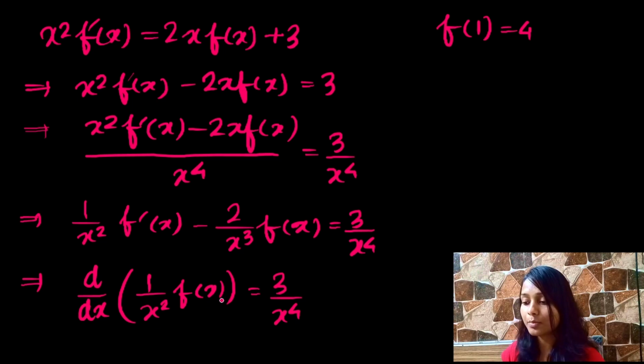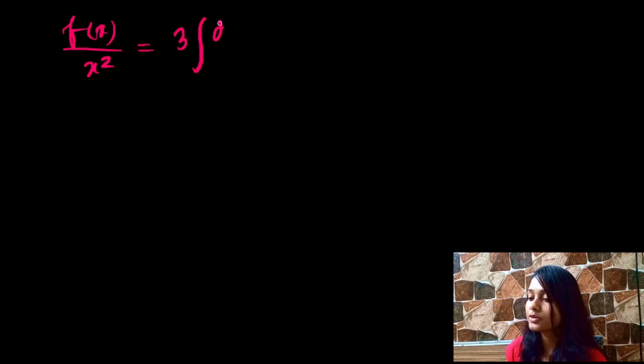So by integrating both sides, here we will obtain f x by x square equals 3 times the integration of dx by x power 4, plus c.